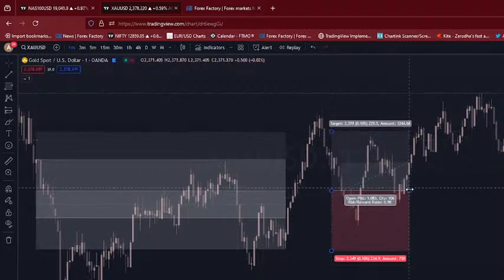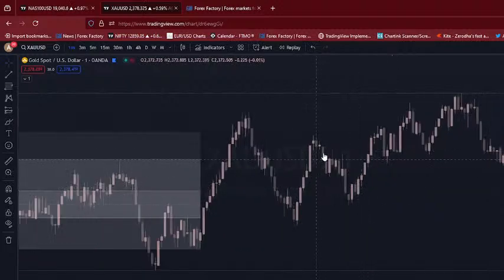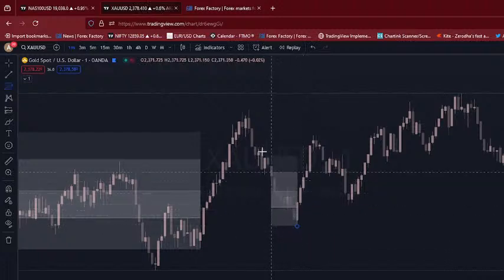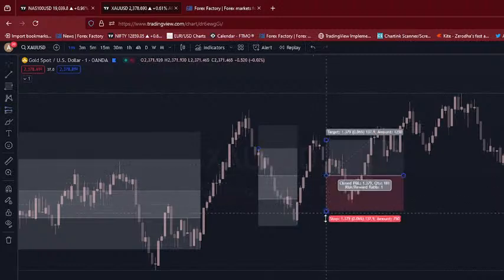Although this was not even my entry, I got to know when the market went up to this level and was about to give this candle that I can see a little bit of supply happened here and I can get into the trade at this level.